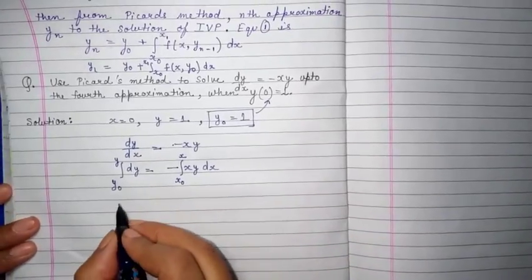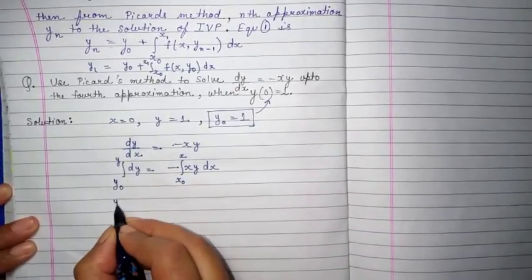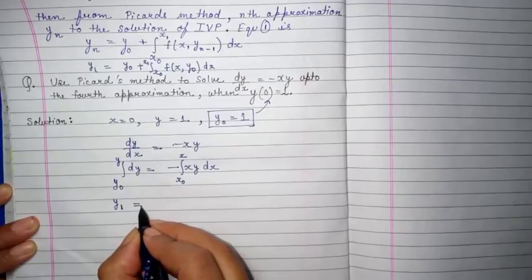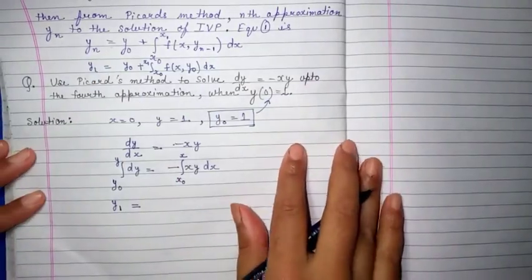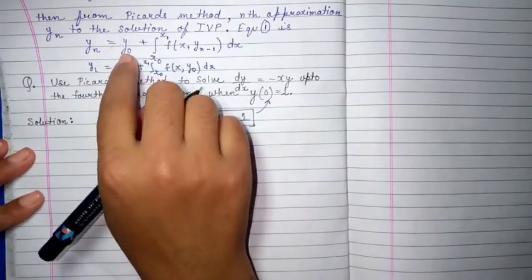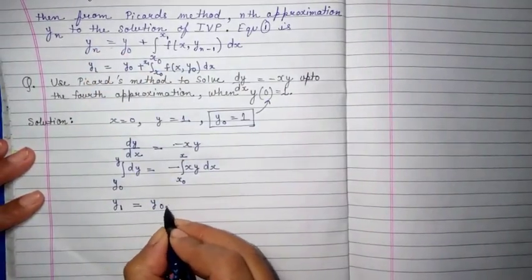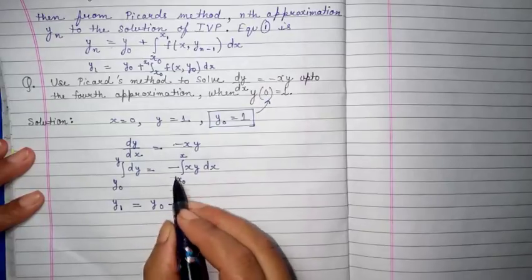Now next, I have written y1, and y1 is equal to, according to the formula of Picard's method, y naught minus the integration from x naught to x of x y naught dx. The minus is there.